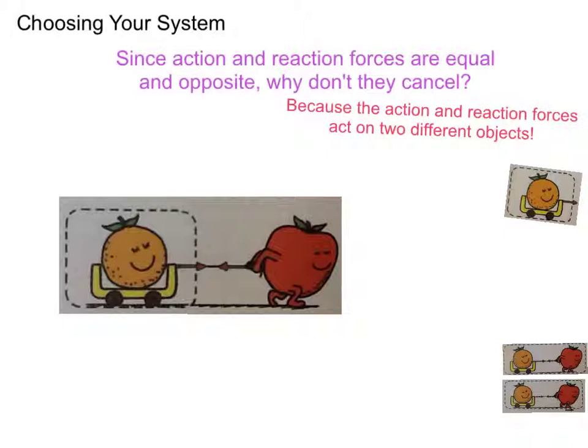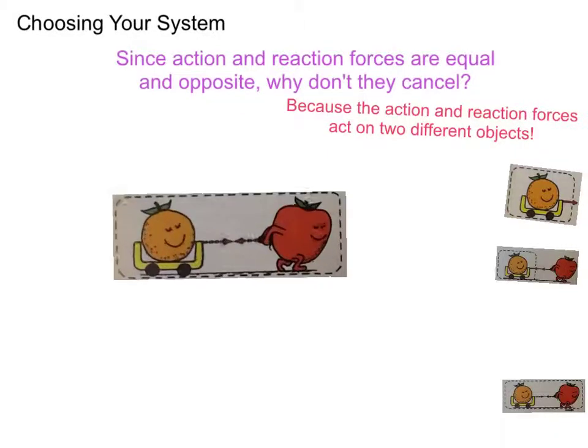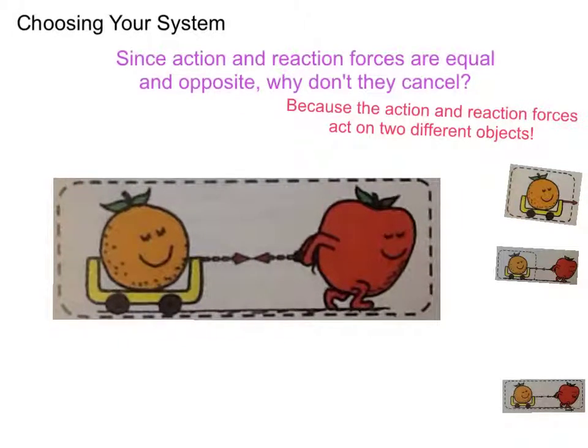Now let's consider a larger system. Let's go ahead and expand our system to include both the orange and the apple. We see here that the system, which we bound by this dotted line, makes the force pair internal to the orange-apple system.